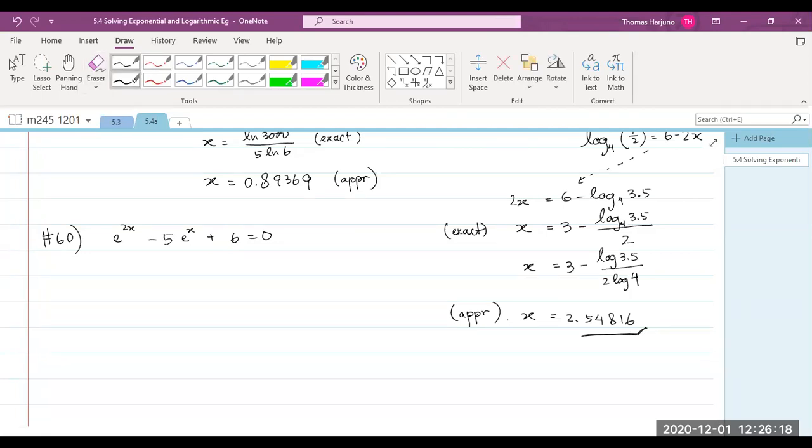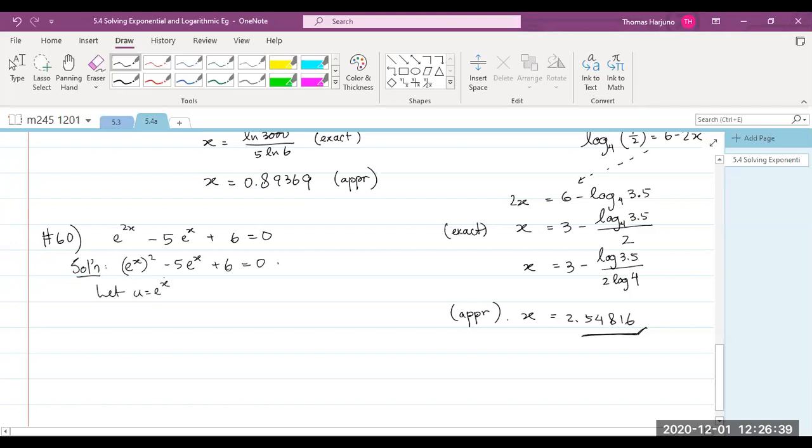Now I want you to realize that we can rewrite the first term actually as e to the x being squared. So you now get a quadratic-like equation. Let u equal e to the x such that you get u squared minus 5u plus 6 equals 0.